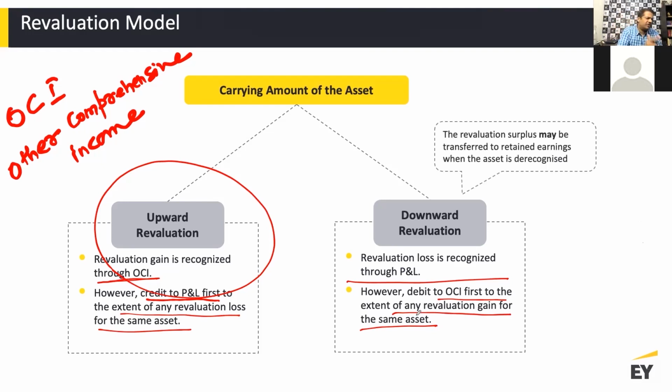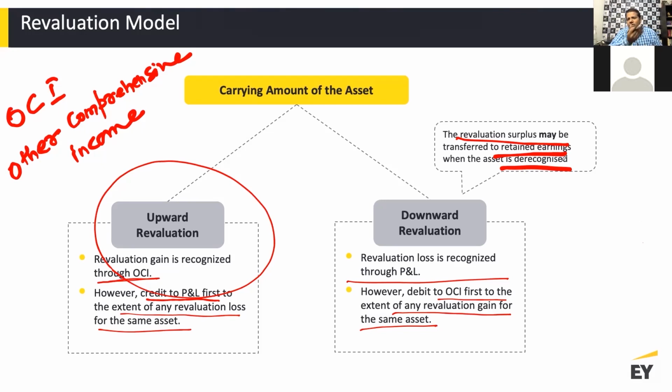The revaluation surplus may be transferred to retained earnings when the asset is derecognized. Now this also is an important concept. Why is this important? Because generally the revaluation reserve is of no value, right? From a company perspective, you can't do bonus shares, you can't do this, you can't do that. Banks don't consider the revaluation reserve for the purpose of net worth. It's practically a useless kind of reserve, okay?